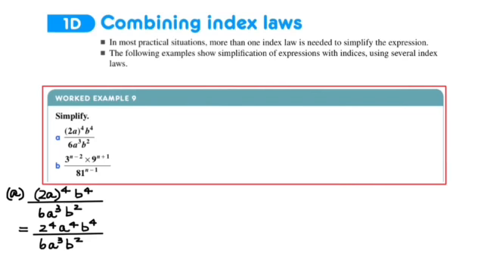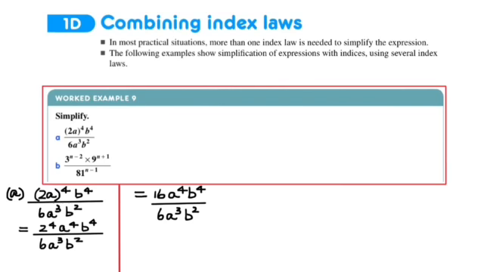Then I would work out what 2^4 is, because it's an actual number. That's probably the next step I would take. So I would call that 16a^4 b^4 over 6a cubed b squared.